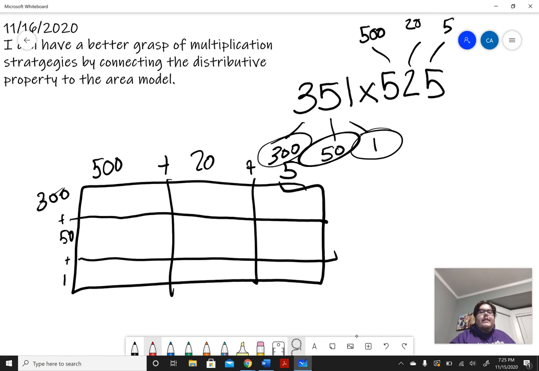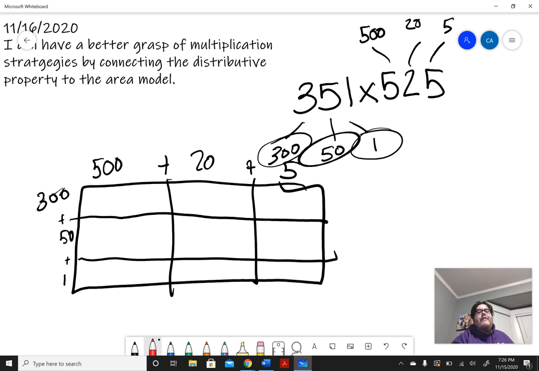In this first row, what we're doing is we're distributing the value of this 300 to 500, 20, and 5, right? So we're going to distribute the value of 300 across our number 525, and we can use the associative property, numbers with numbers, words with words.